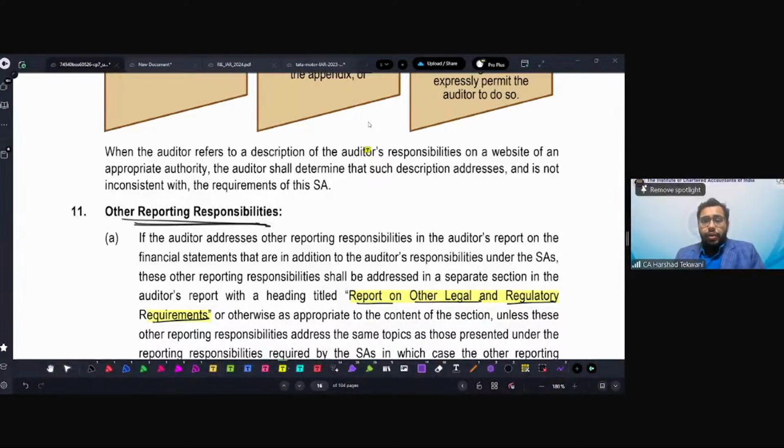Anything else do you think that should come under this particular heading? Any other reporting requirement under the regulatory purview, like some rules, some sections that require us to report? SEBI. Just as of now, just keep it Companies Act. I will show you more on that, but as of now, just keep Companies Act only.